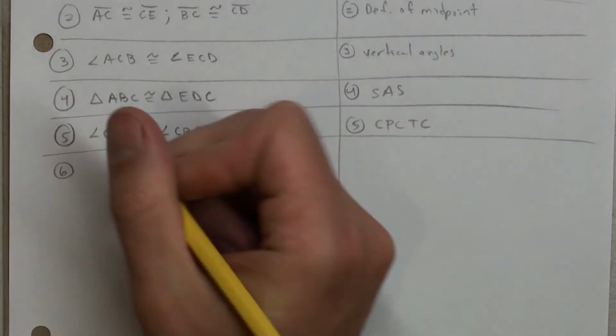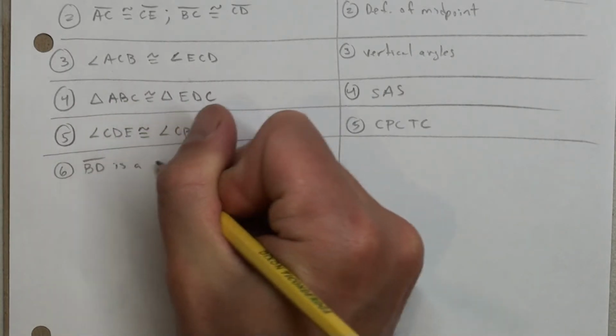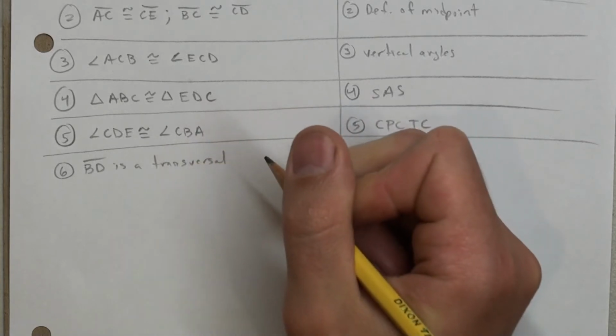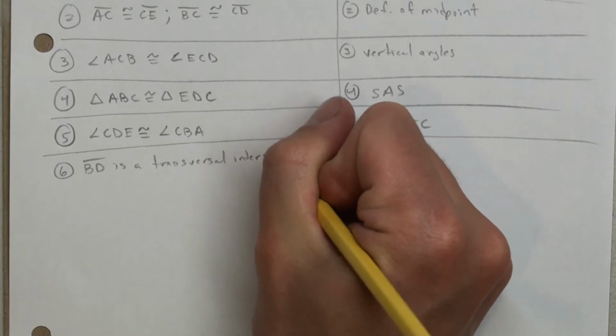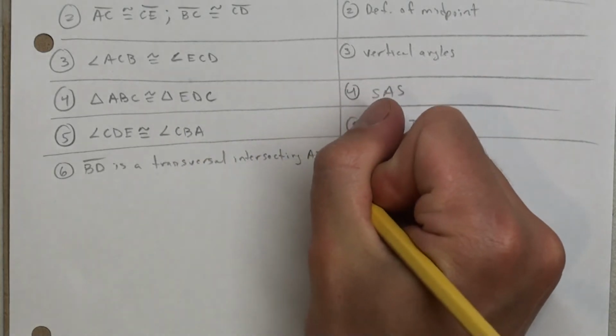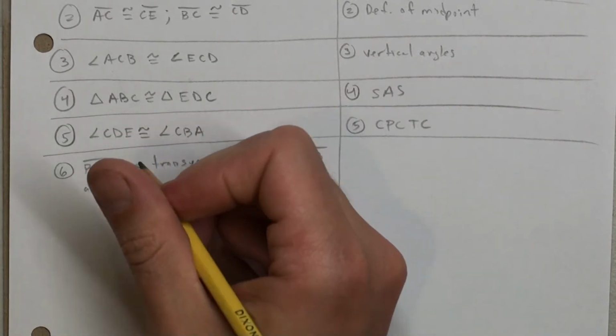Now for number 6 we can say, I would probably say BD is a transversal intersecting AB and ED.